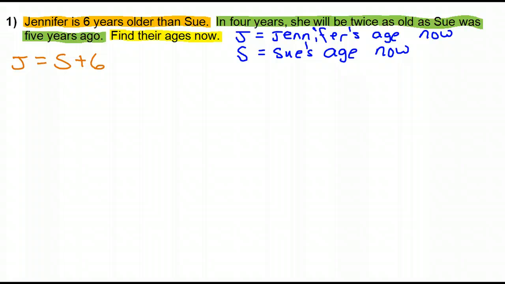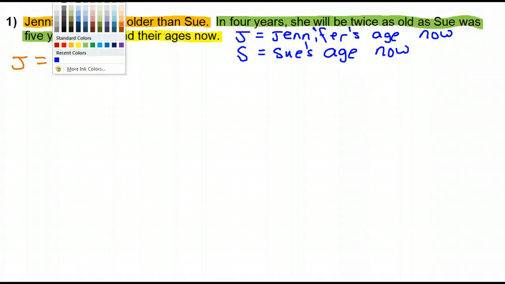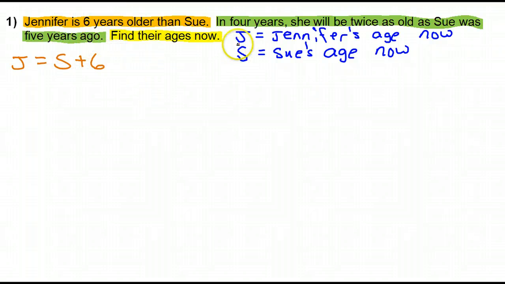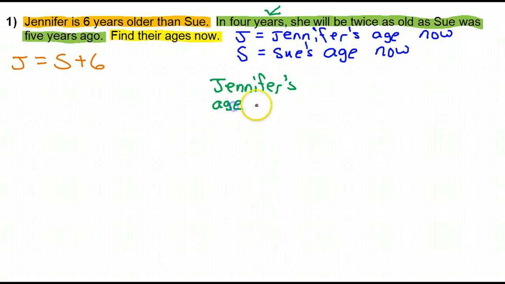So look, what I like to do is I like to start off using words, and I sort of set them up in the form of an equation. So right here where it's saying in 4 years, talking about Jennifer's age in 4 years, I would start this off just like this. Jennifer's age in 4 years.